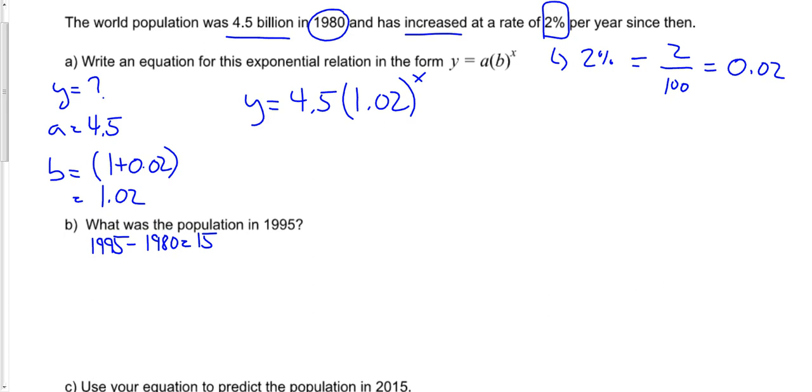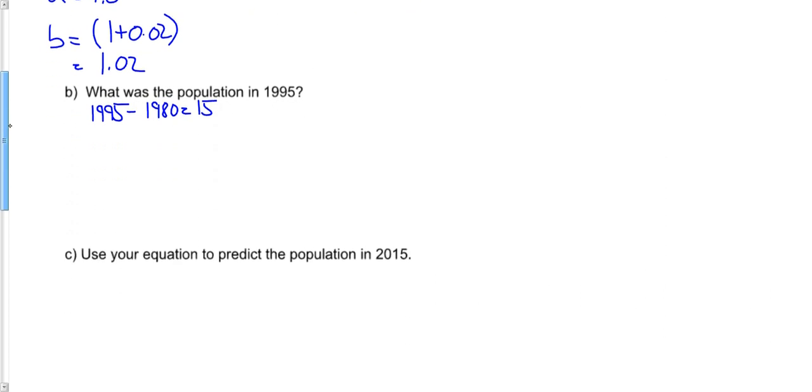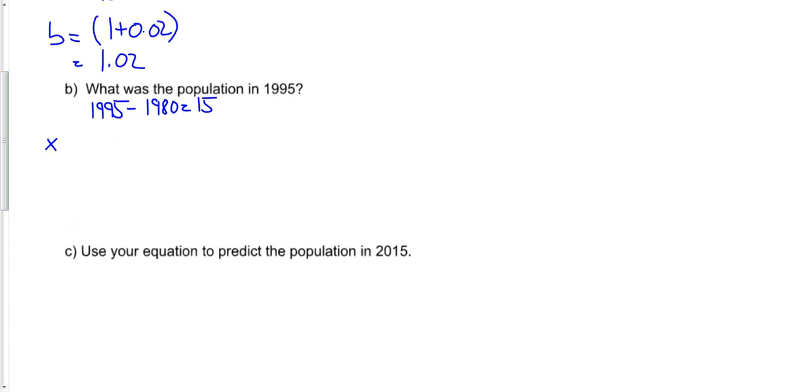So what's the population 15 years after? Okay, well, what that means is that the x value is actually 15 years. Okay, so that's the time interval that has gone by. So in our formula, we've got y is equal to 4.5 times 1.02 to the exponent 15 now.